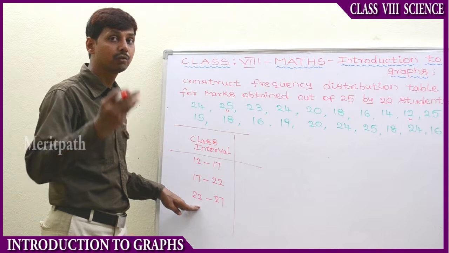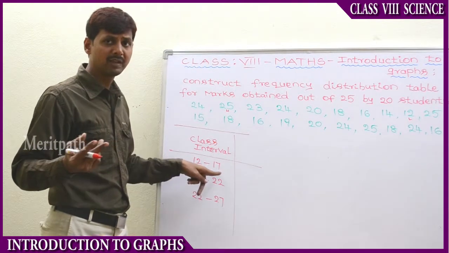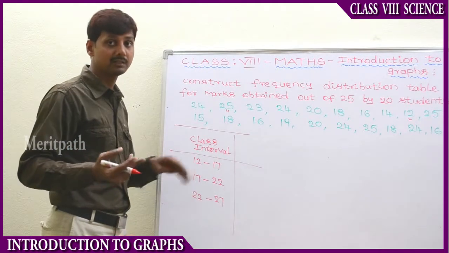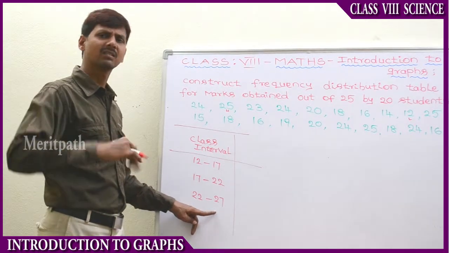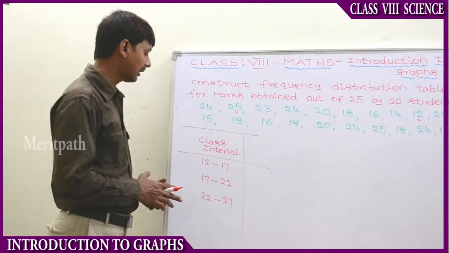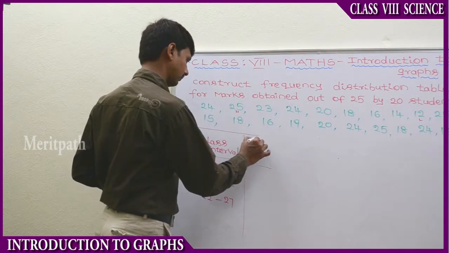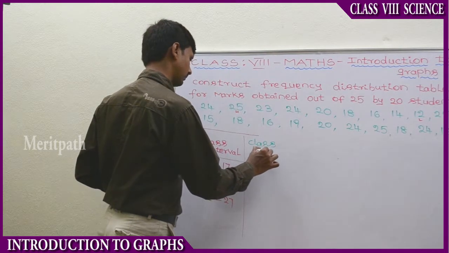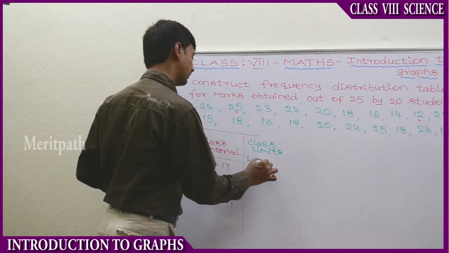So from 12 to 16, 17 to 21, and 22 to 25 we take, especially in these cases. If it is the highest one, 27, we'd write 27 also, but marks are 25 only. After class interval, we'll take class limits. Class limits are lower limit and upper limit.